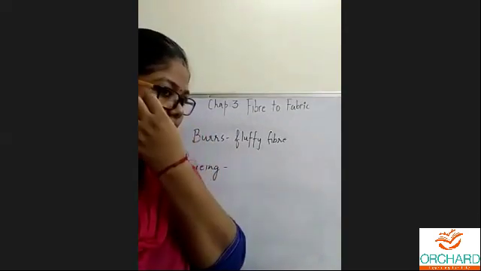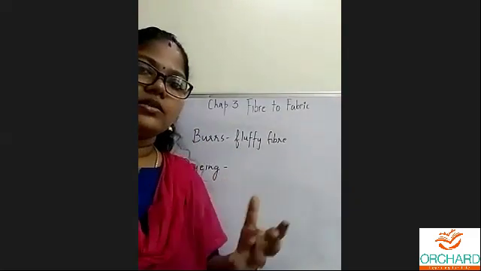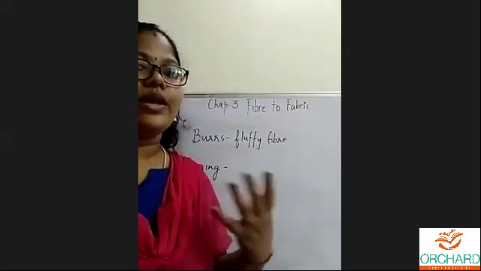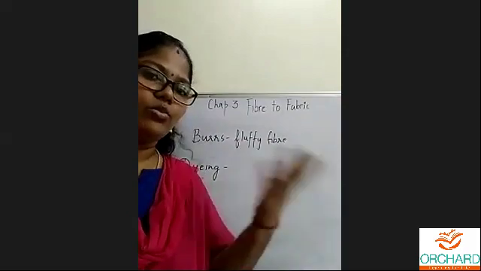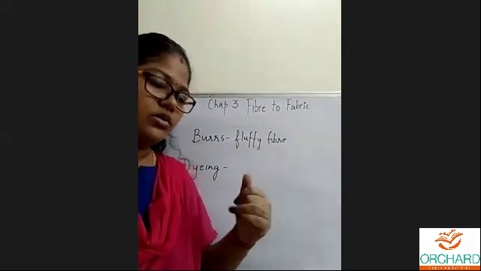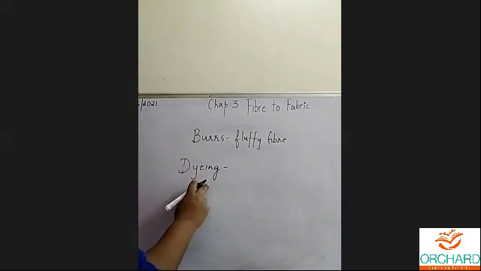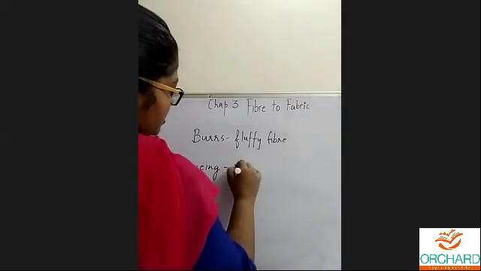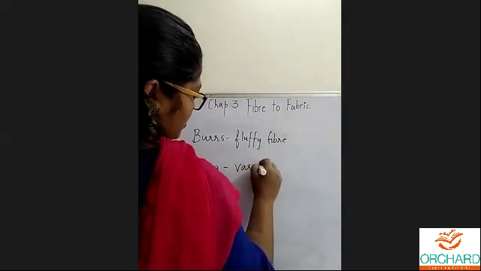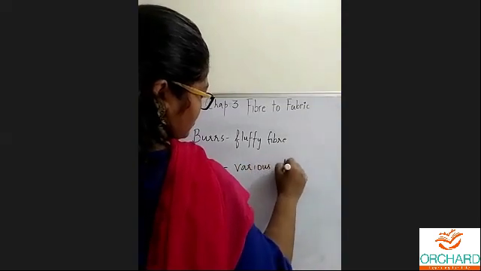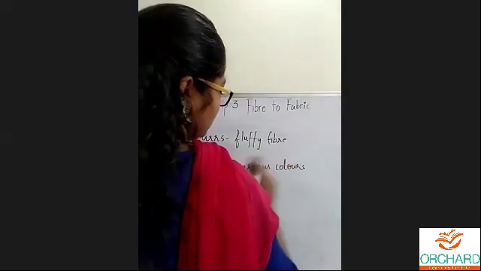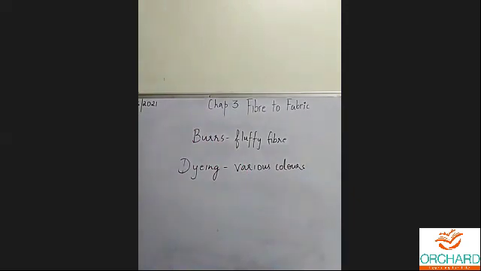So it is dyed to get different colors. We get different colors of wool: red, yellow, blue, black, brown, all those things.